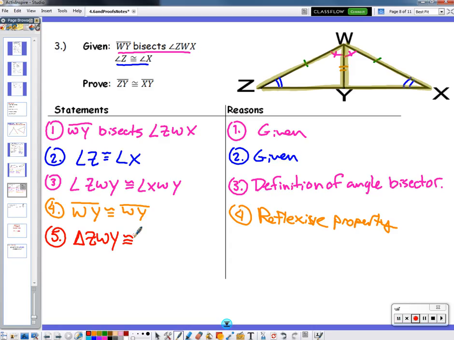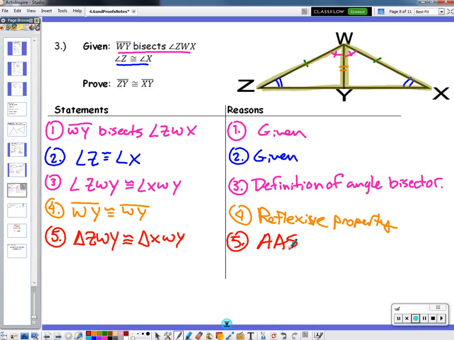Adam, if I'm going from Z to W to Y, I'm going to go X, W, Y. Very good. And my reason, based off of what I found in my proof, using the reflexive property, I would use angle, angle, side. If I went the other route and I did the base angle theorem, then I'd be using angle, side, angle. But both would be correct.